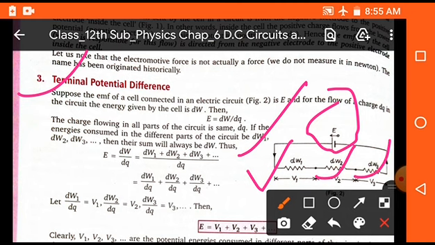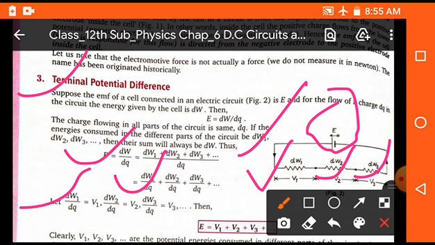So we can say that the terminal potential difference is the potential difference between any two fixed points in any electric circuit. From the figure we can say that total potential E is equal to dW upon dQ, and we can write dW1 upon dQ plus dW2 upon dQ plus dW3 upon dQ.